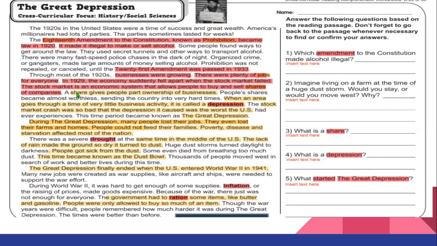A share gives people part ownership of businesses. People's shares became almost worthless, sending the country into very hard times. When an area goes through a time of very little business activity, it is called a depression.